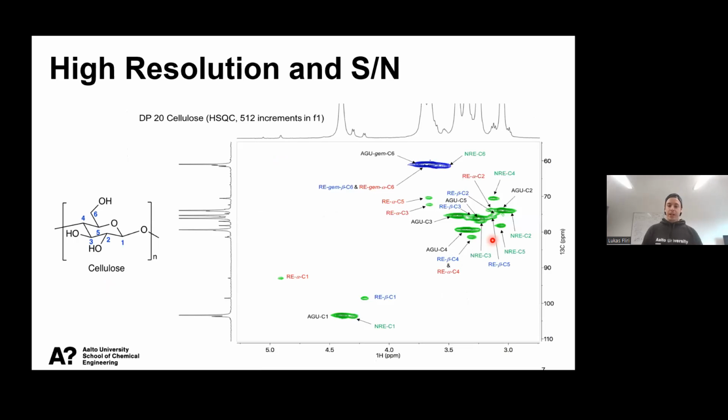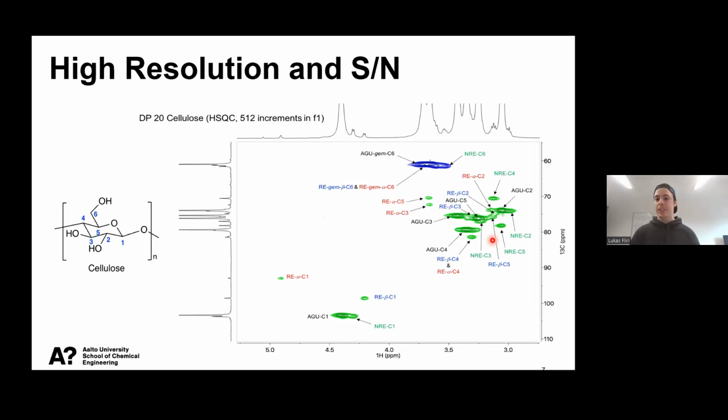Another benefit of solution state NMR is that the spectral acquisition is much faster in the solution state than in the solid state. That means that 2D NMR spectra are also accessible: high quality 2D NMR spectra you can get in a reasonable acquisition time and with great signal to noise and great resolution as well.